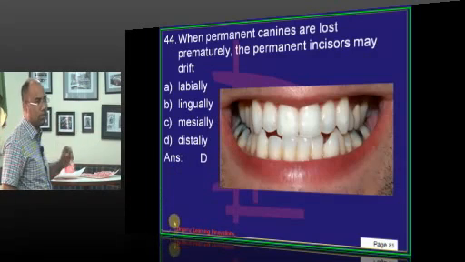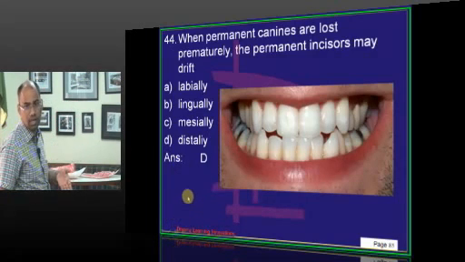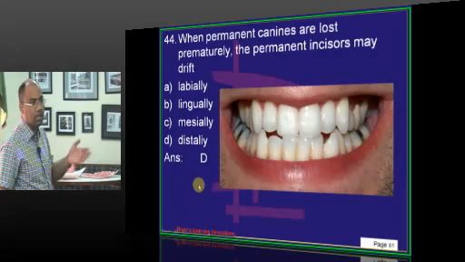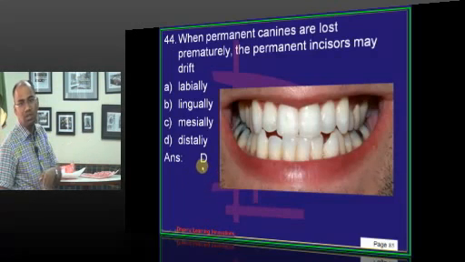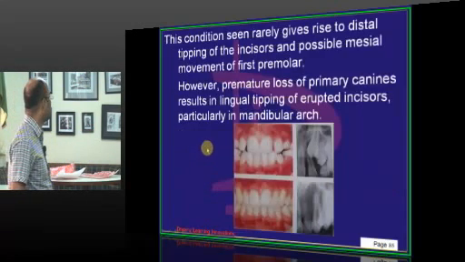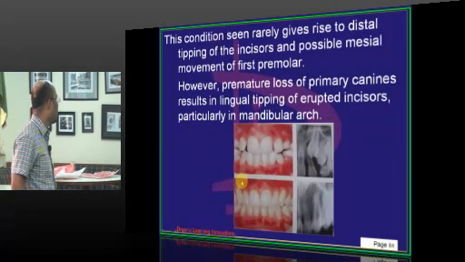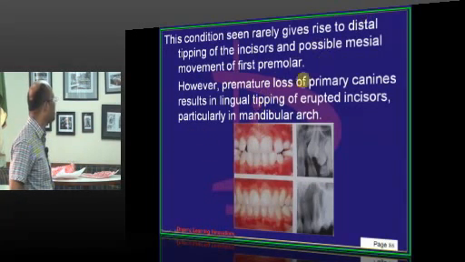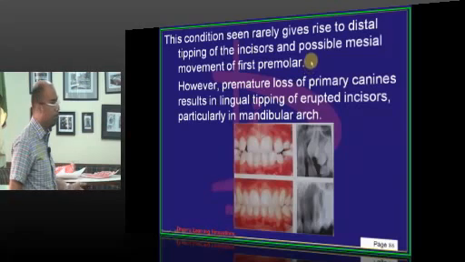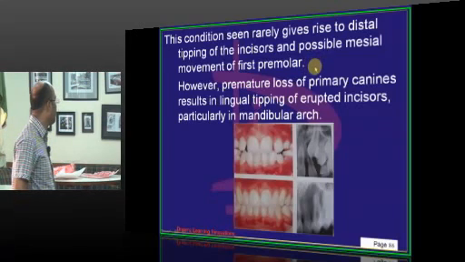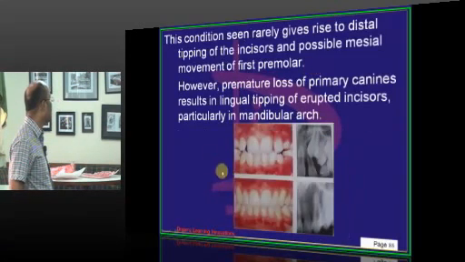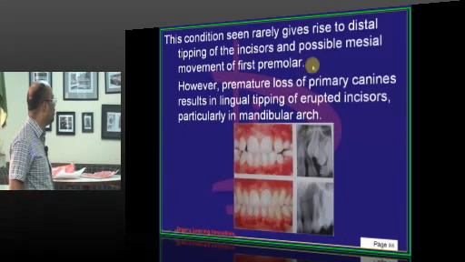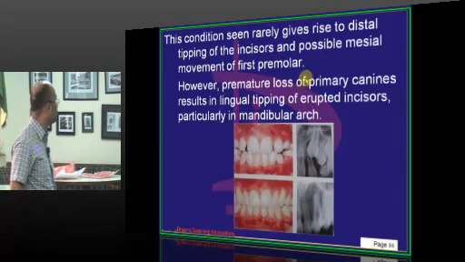It will move mesially, but since the extraction space is there, and because of the lack of contact, there is more tendency for it to move distally. This condition is seen rarely, and gives rise to distal tipping of incisors and possible mesial movement of premolars, and the result is lingual tipping of these erupted incisors.